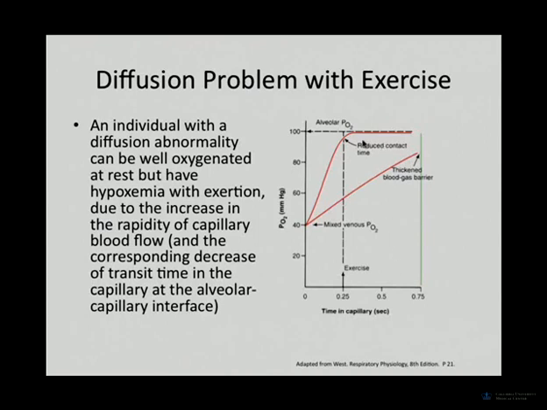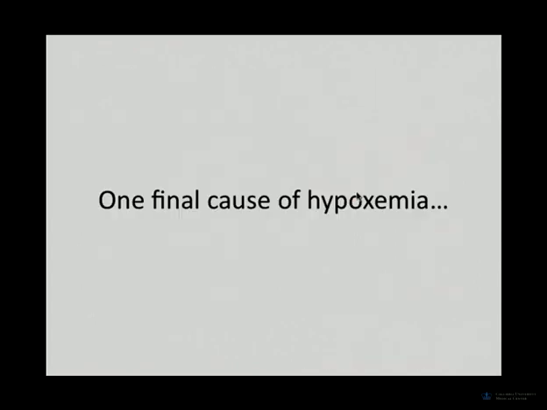Okay? A normal person doesn't really hit that spot because they've equilibrated early. You take a person who's just mildly abnormal, they can have a normal measured oxygen concentration in the blood, but then abnormal with exercise. In this graph, this person's a little bit abnormal and becoming much more abnormal as they exercise. This diffusion problem is exacerbated by exercise.